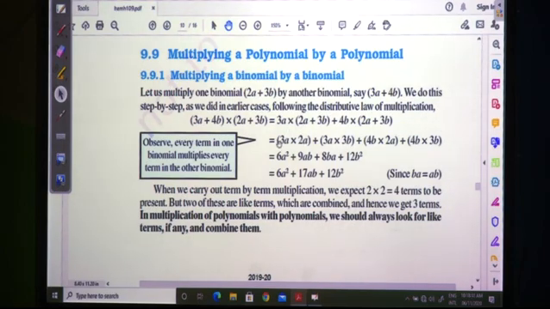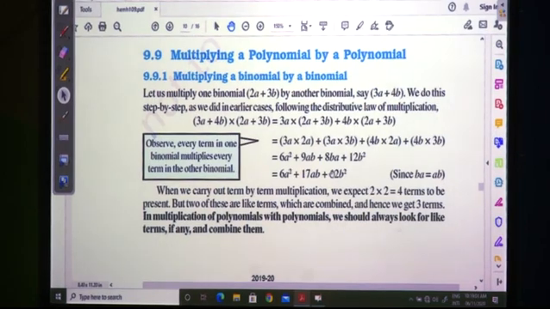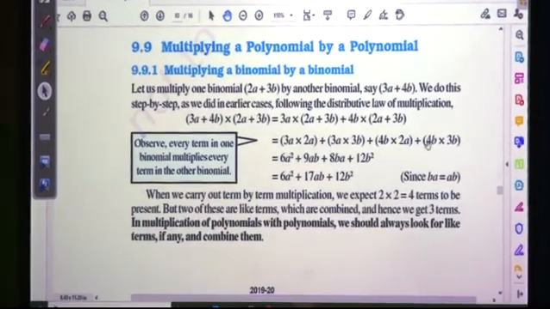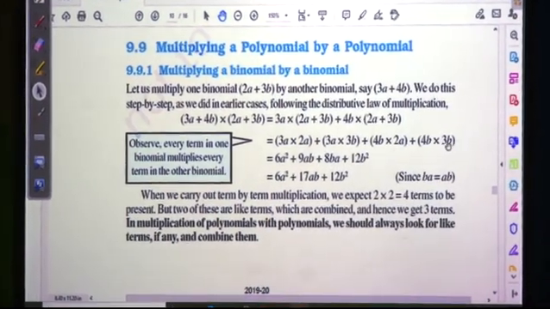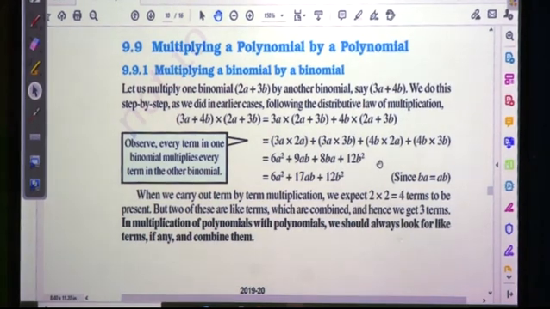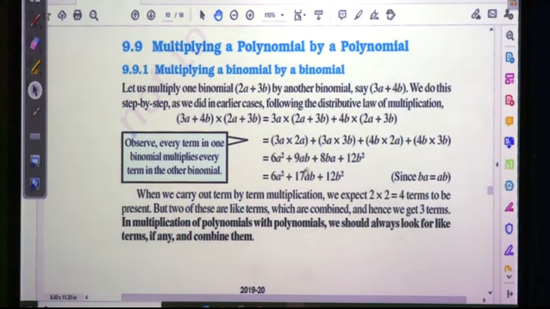3a into 2a is 3 2s are 6, a into a is a square, plus sign as it is, 3 3s are 9 ab, plus 4 2s are 8 ba. ba and ab are one and the same, plus 4b into 3b, it is 4 3s are 12 b square. So, this becomes 6a square, 9 plus 8, 17.